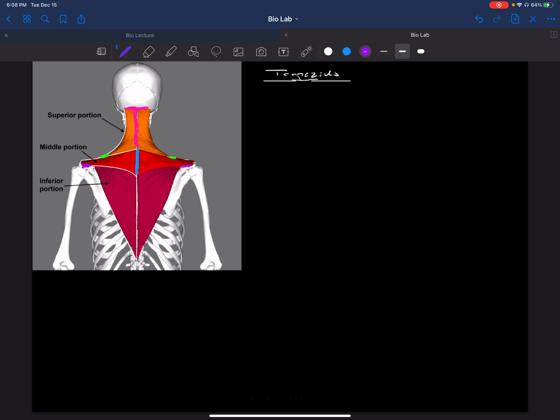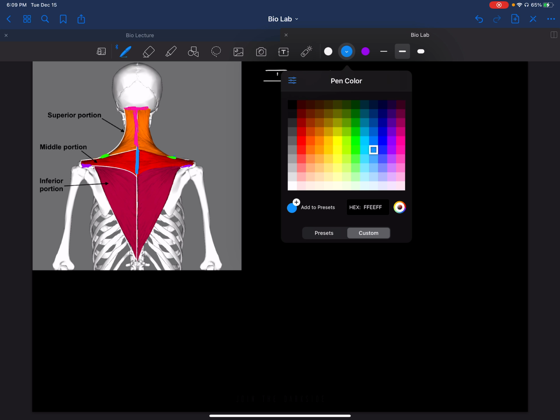And so the most inferior part of the trapezius is the inferior portion. So for the inferior part of the trapezius, the medial attachment point is the spinous processes of T4 through T12 vertebrae.